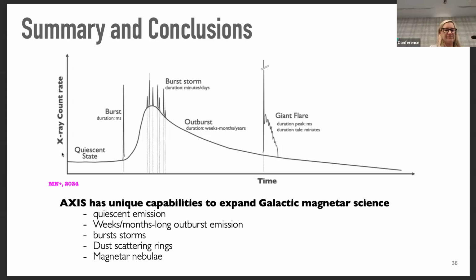There have been some attempts to look at X-rays, but maybe not that spectacular, because in one case, I think for 1806, HRC-S was used for 20 kiloseconds, then XMM, but AXIS can go much deeper. So what do you think? Is it maybe possible to detect some kind of nebula?